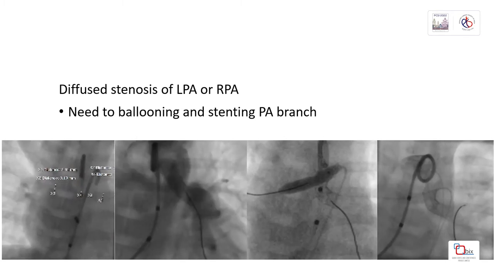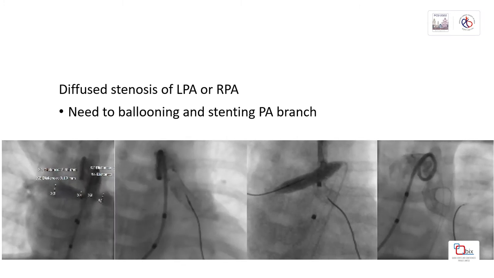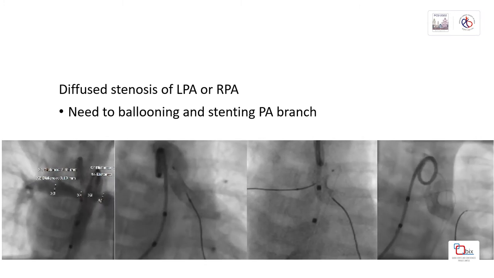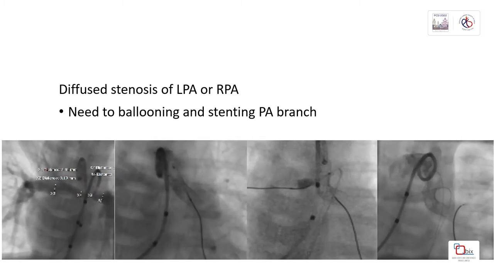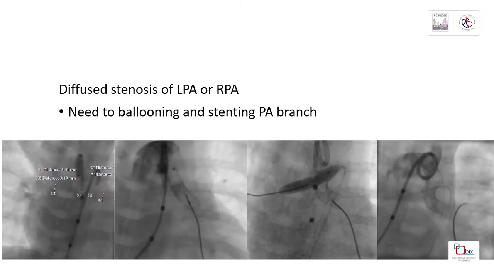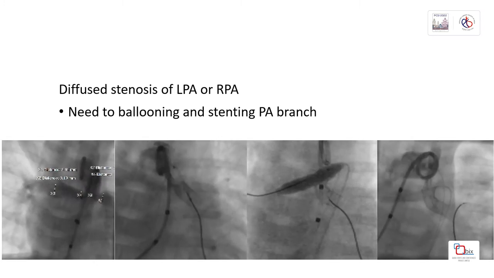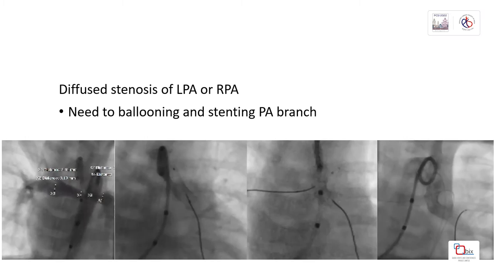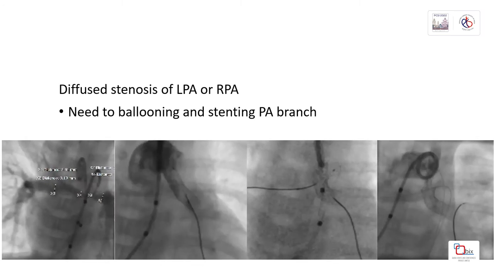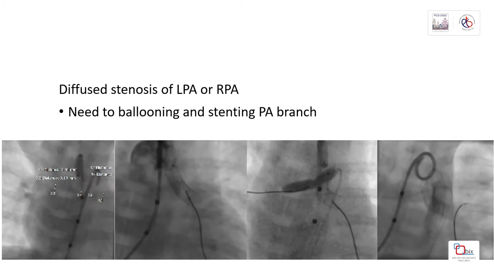First, I put the stent from the PDA to the LPA, and I crossed with a second guidewire to the RPA and used balloon dilatation of the throat of the first stent to open the ostium of the RPA. But due to the long segment, I had to put a second stent from the first stent to the RPA, and you can see we get a good result.